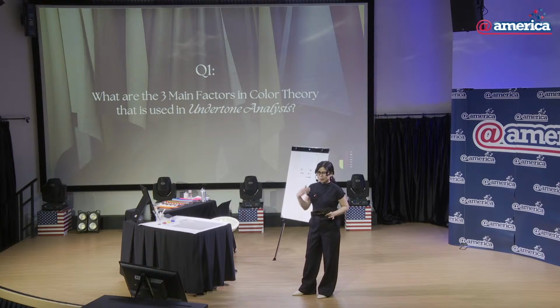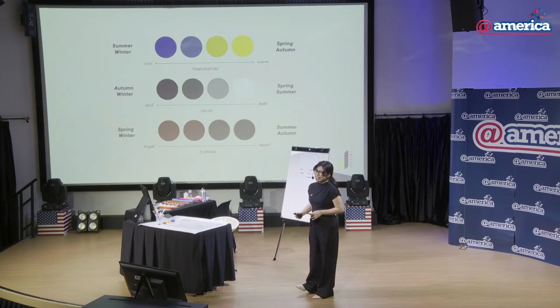What are the three main factors in color theory that is used in undertone analysis? Now, any of you have any idea? Maybe raise your hands. Anyone? Is it too difficult? You might just want to guess. Okay, I'll just tell you then. These are the three factors that we're going to be discussing tonight.